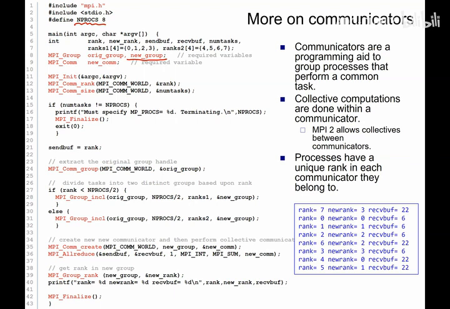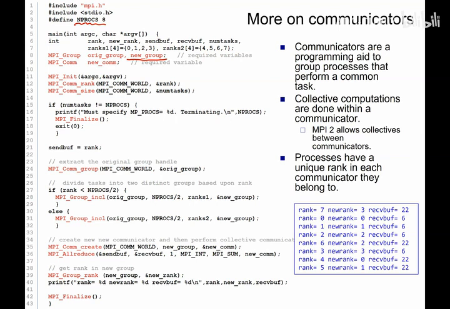We're going to create 2 new groups. The first new group is going to have processes with ranks 0, 1, 2, 3 in the original communicator, and the other group is going to have processes with ranks 4, 5, 6, 7 from the original communicator.